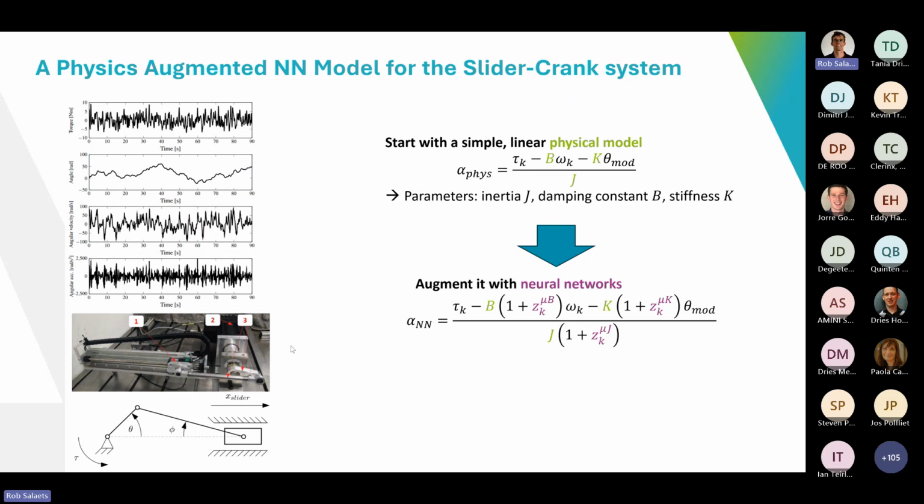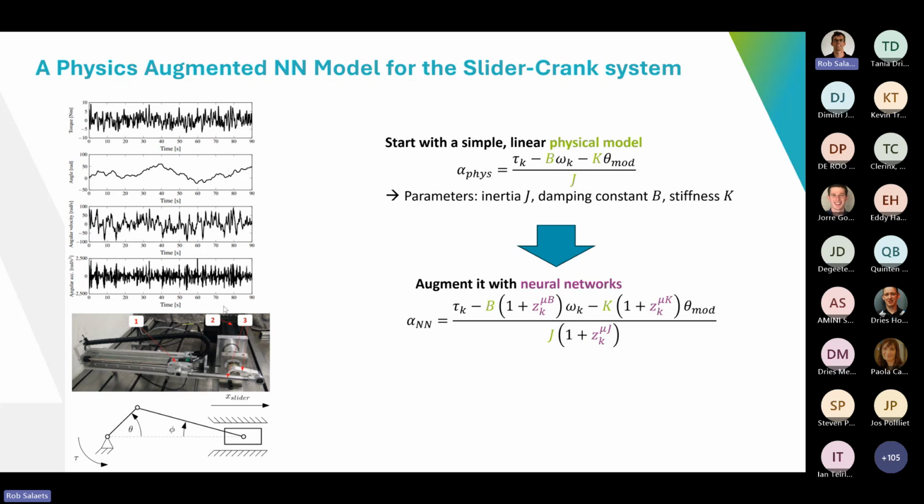We'll introduce it quickly. So we assume a simple second order system, which has some inertia, some damping, some stiffness terms. And we augment these three normally constant parameters by multiplying them by 1 plus a neural network. So these Z parts here are actually 3 different neural networks.